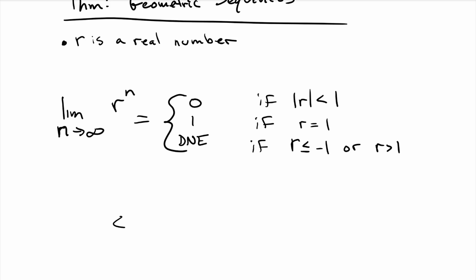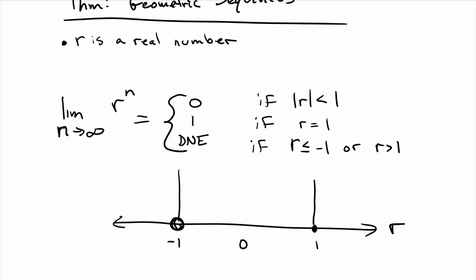So here's kind of the game for our inputs. If this is r, we're going to say negative 1, 0, 1. Make a hole here. If we're in between negative 1 and 1, not including negative 1, we will converge. This is the inputs. This is r.